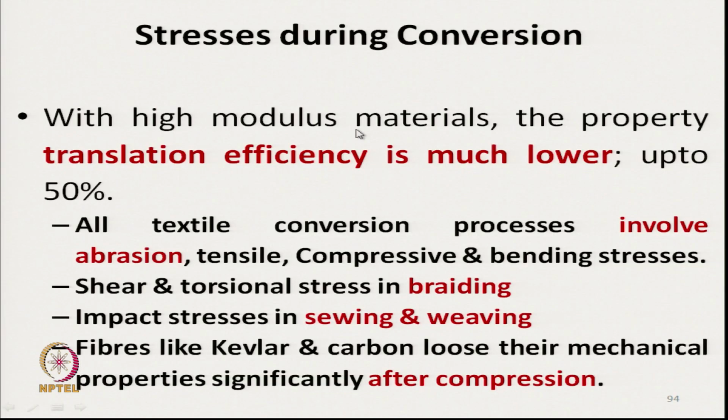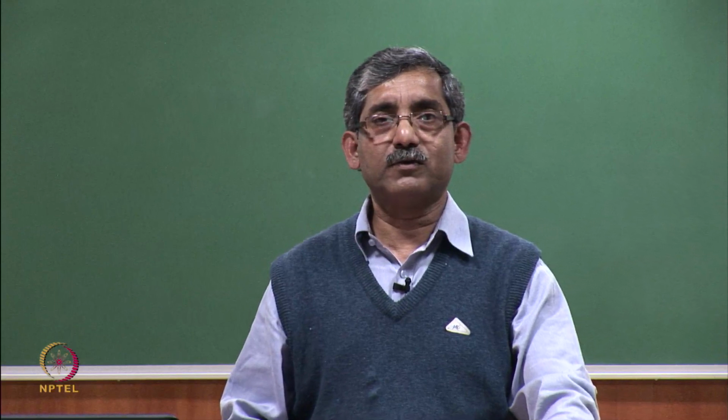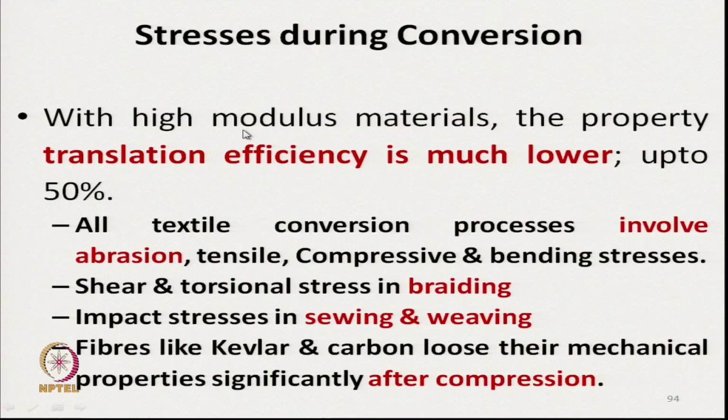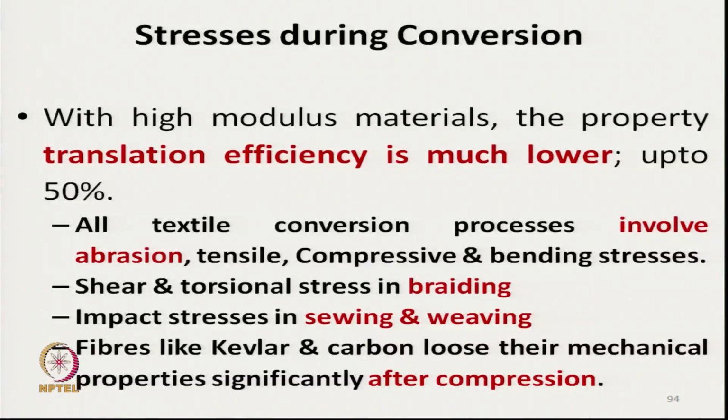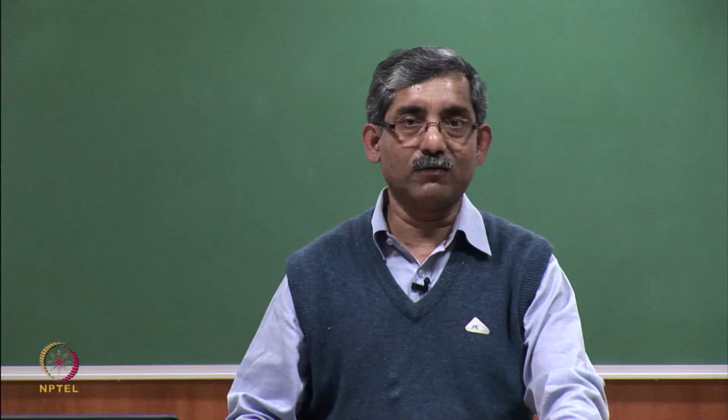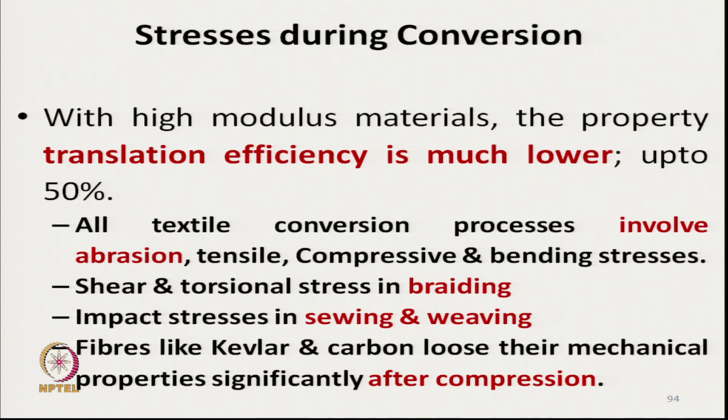Another problem of textile reinforced composite is that with the high modulus materials we are using, the property translation efficiency is much lower. That is an important consideration, because if we use a very strong material, but the property translation is very low, then we have a problem. Also, most textile conversion involves abrasion, tensile, compression, bending stresses.